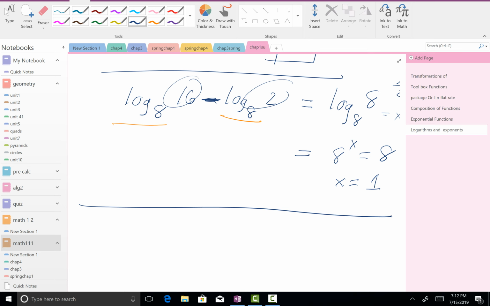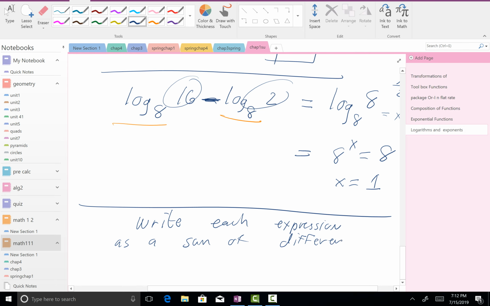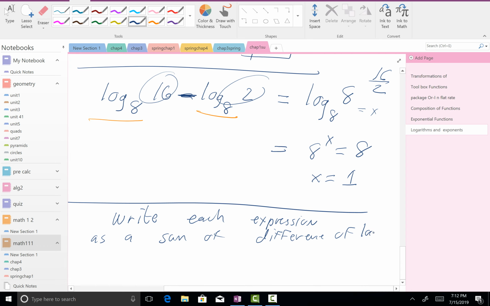They'll have you do this, right? Write each expression as a sum or difference of logs.